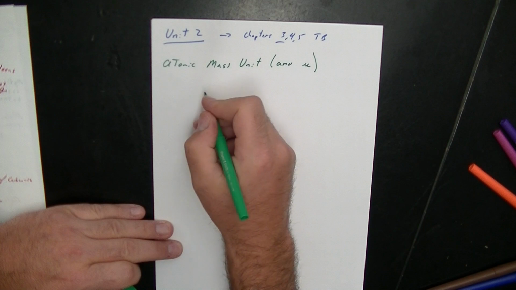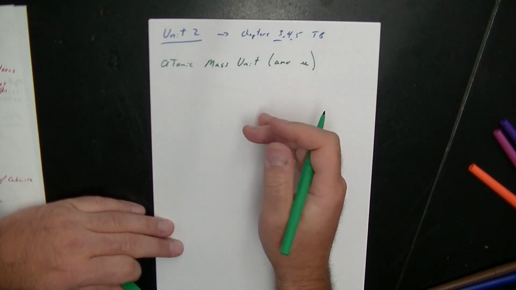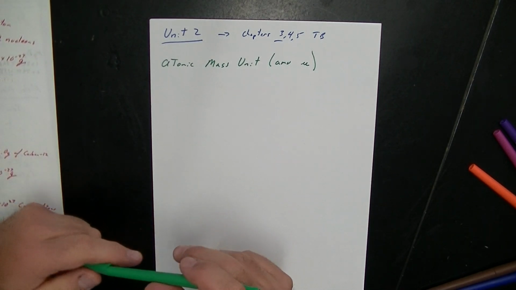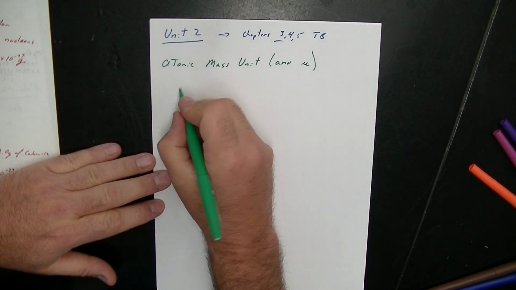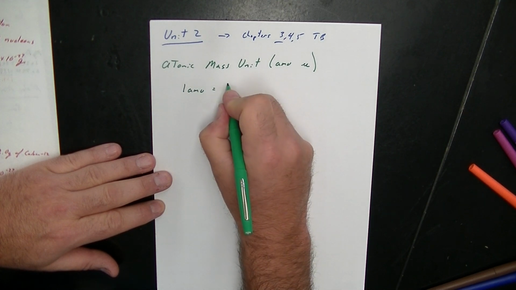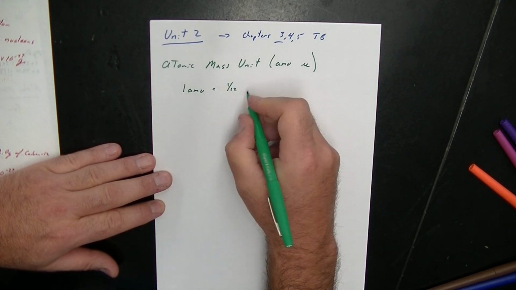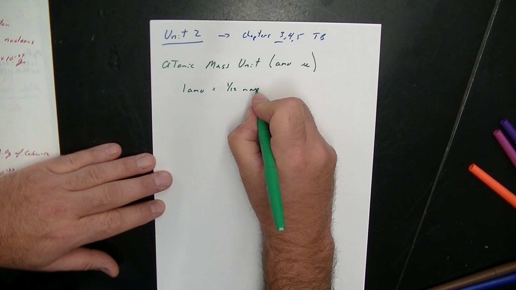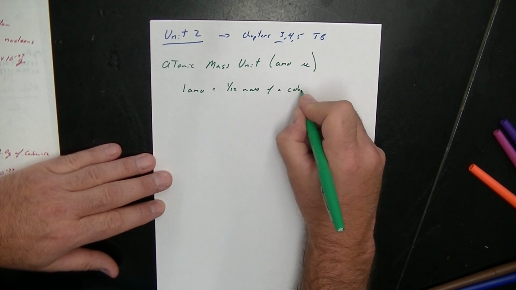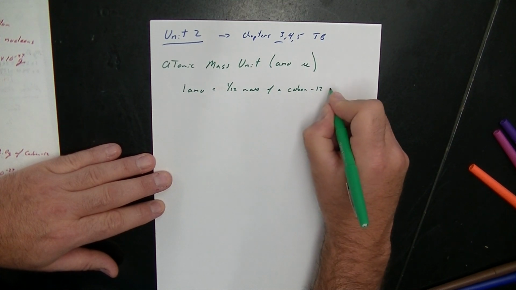Just like we defined what a meter is, exactly a meter is this long, we define what an atomic mass unit is, and we defined it this way. 1 AMU is equal to 1/12 the mass of a carbon 12 atom.